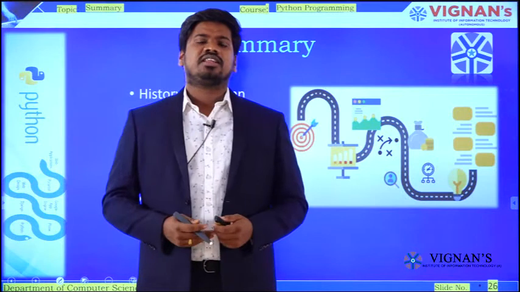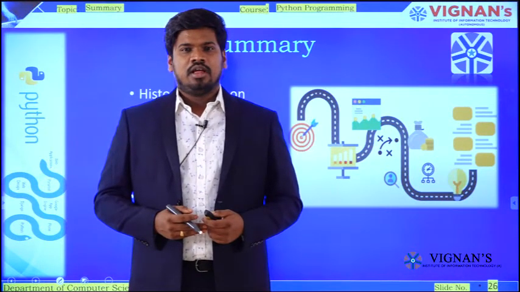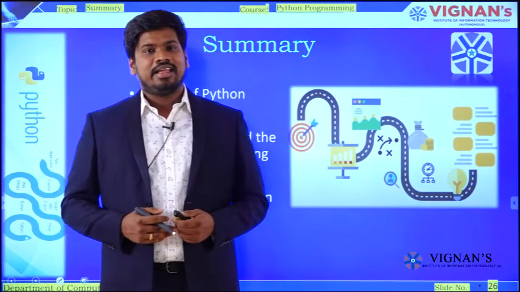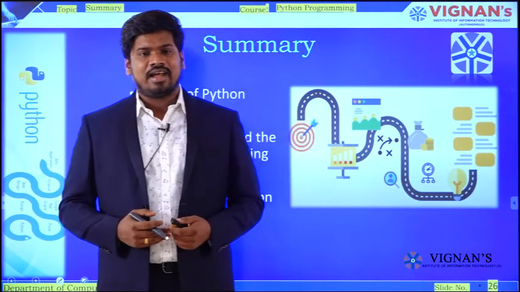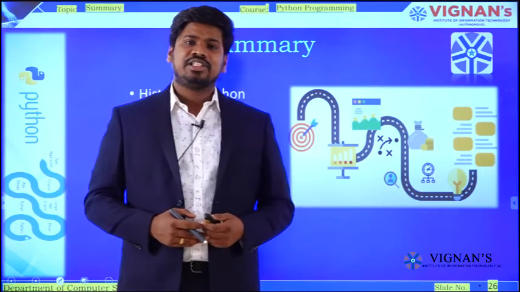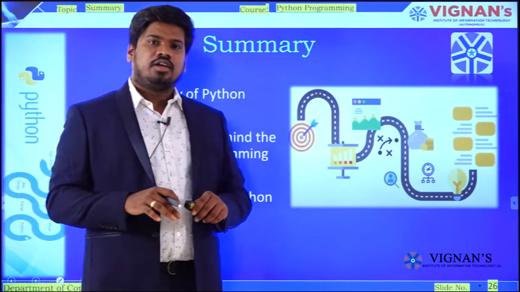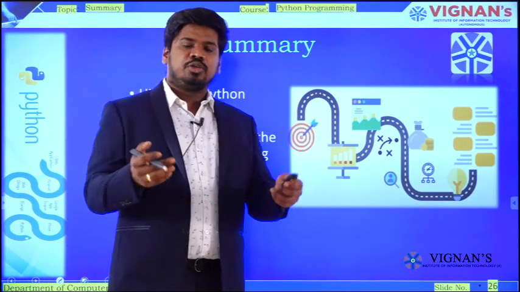And next, I explained the various possibilities of learning Python. And next, how Python programming has increased, taking advantage over other programming languages. Hope by this lecture 1, you are in a position to choose why Python should be your priority.